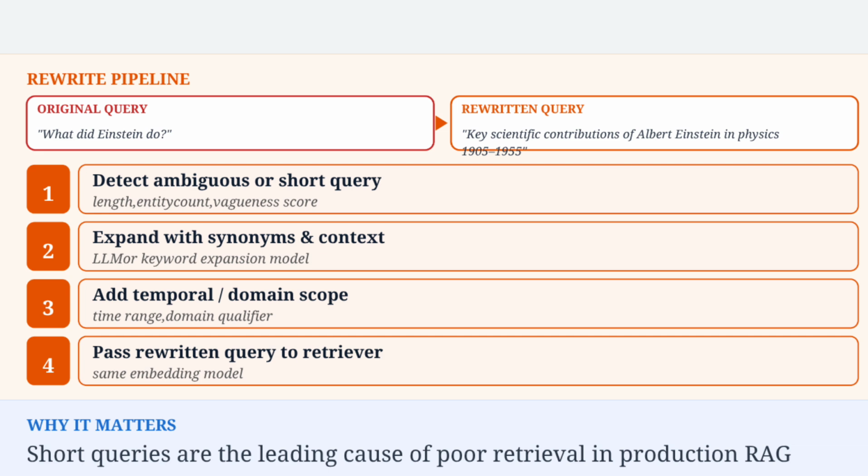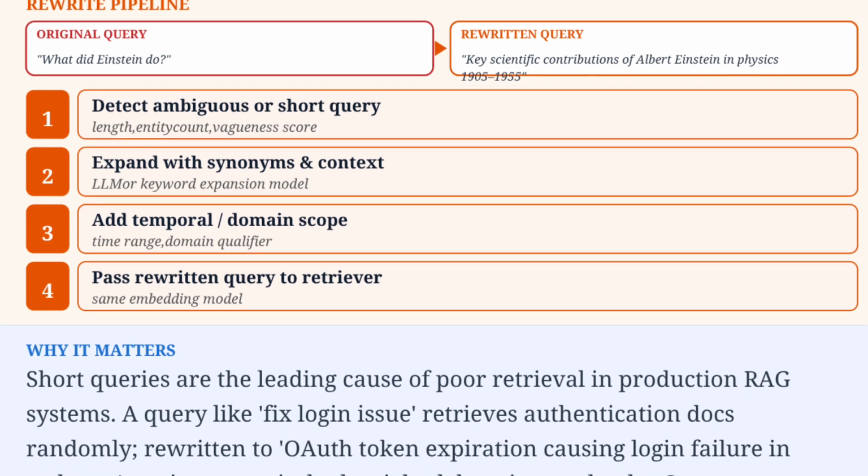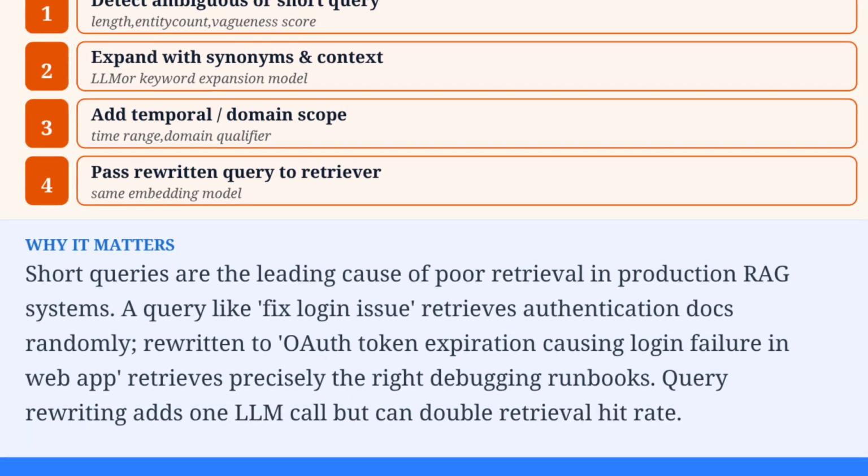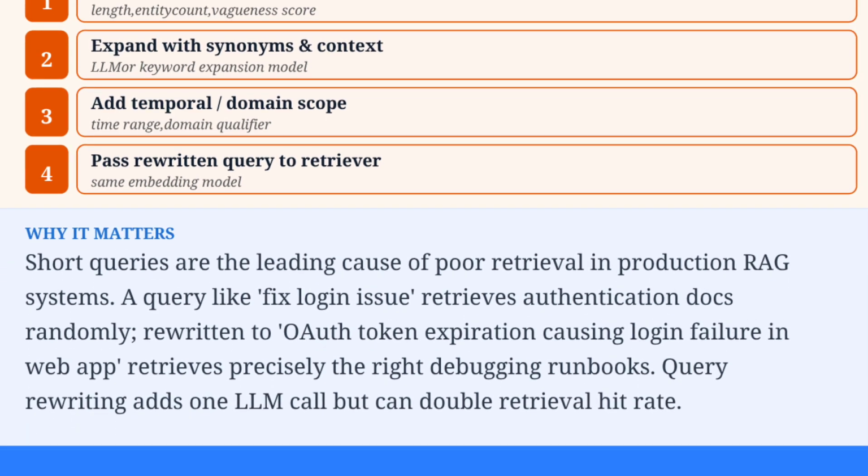"Fix login issue" becomes "auth token expiration causing login failure in the web application authentication flow." "What Einstein did" becomes "key contributions of Albert Einstein in physics from 1905 to 1955."